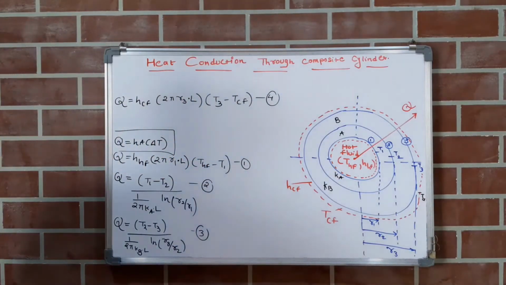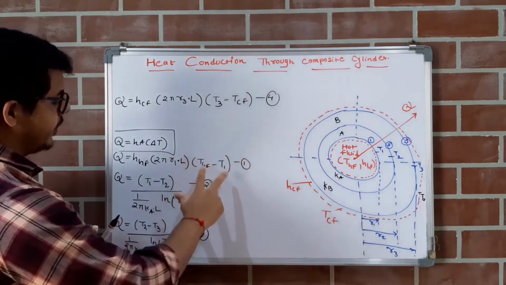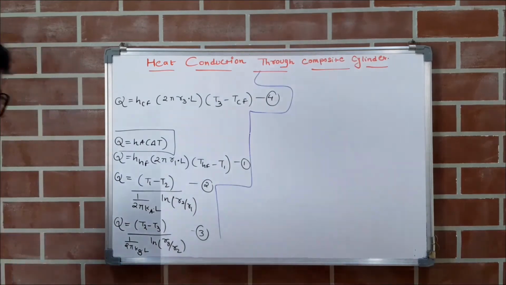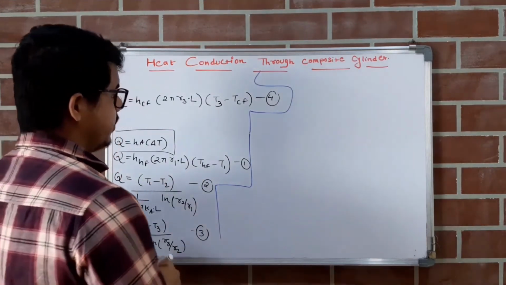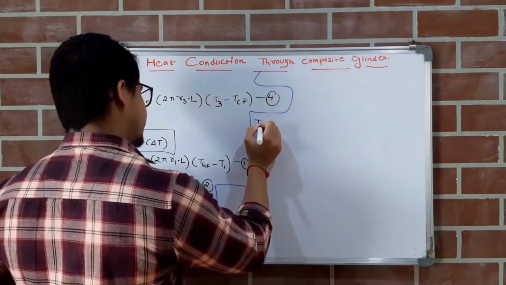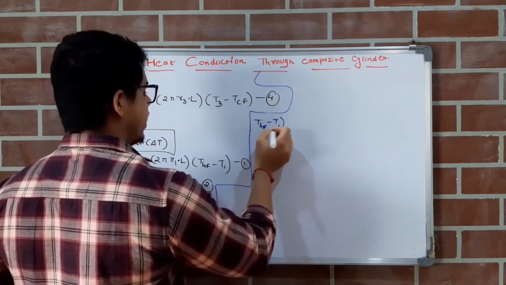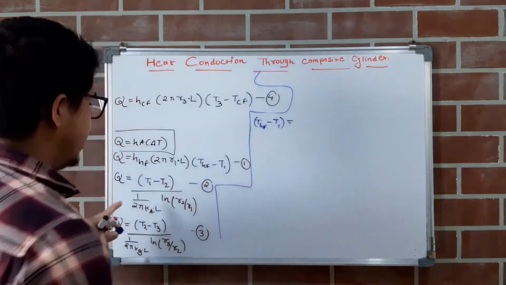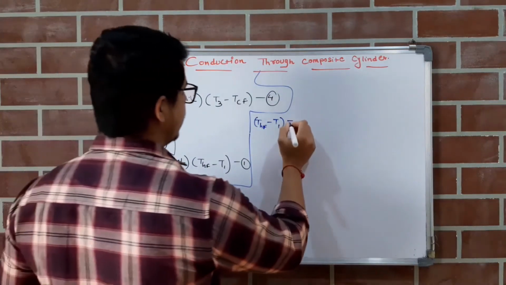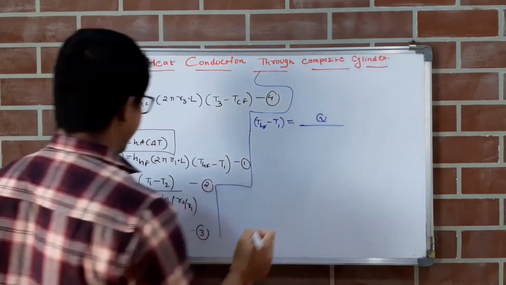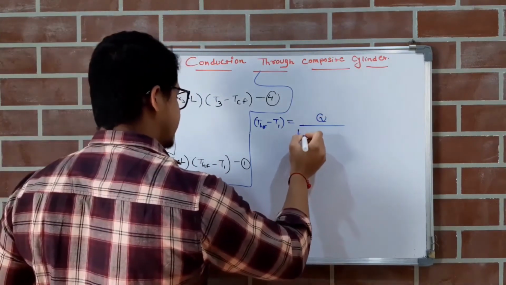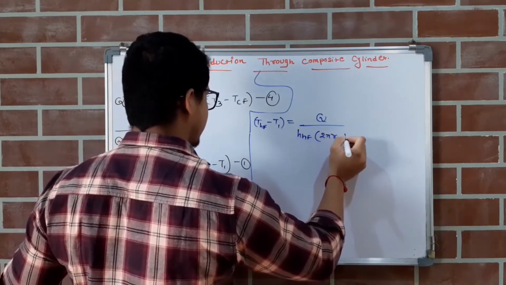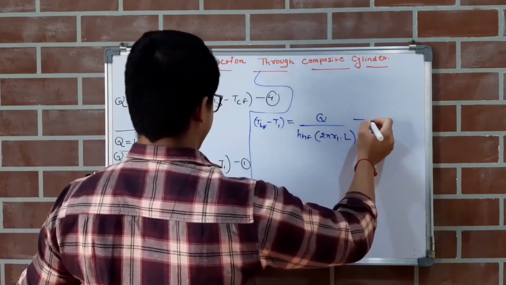Now the next step will be bringing the temperature difference terms on one side and the other terms on the different side. From equation 1, I will bring this temperature term on the other side. So it is THF minus T1. You have to write from equation 1, then you write this step. So THF minus T1 is equals to Q divided by this whole term, HHF into 2 pi R1 into L. Let's say this is equation number 5.